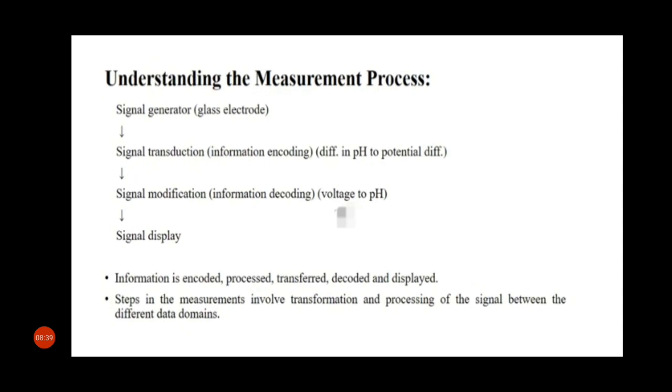Information is encoded, processed, transferred, decoded and displayed. Steps in the measurement involve information and processing of the signal between the different data domains.